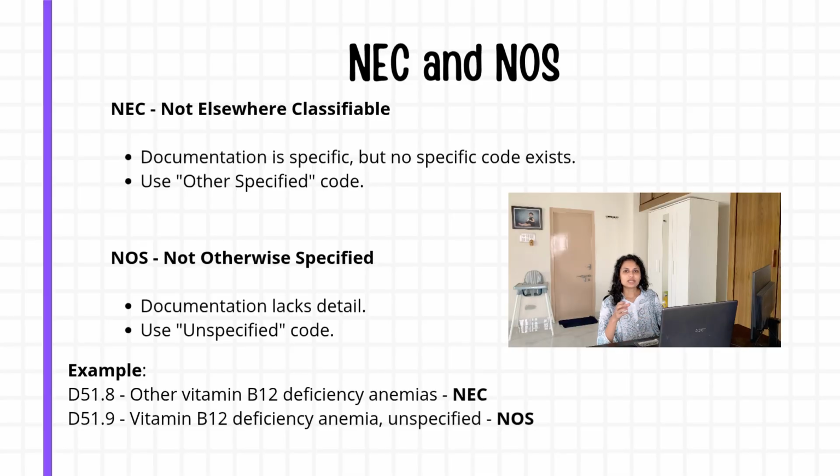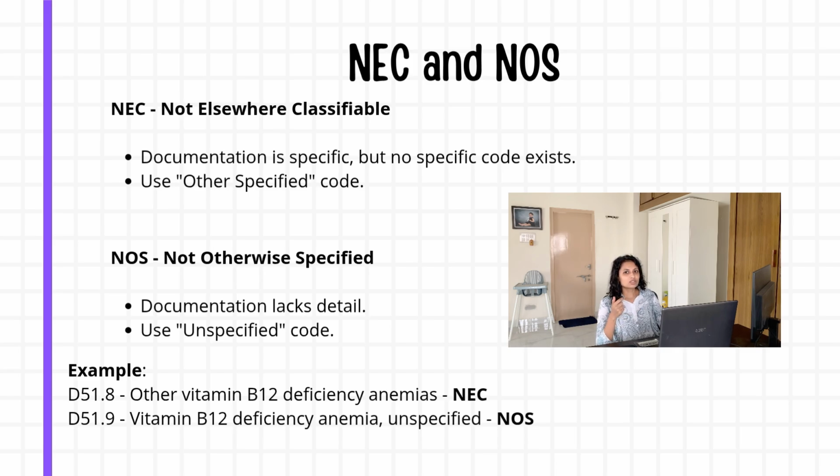Next is NEC and NOS. These two terms are very common in medical coding. Let's first understand NEC. NEC is not elsewhere classifiable, meaning the doctor has given a specific diagnosis, but there is no exact ICD-10-CM code for this. For example, a patient has a very rare type of vitamin B12 deficiency anemia caused by a genetic disorder.